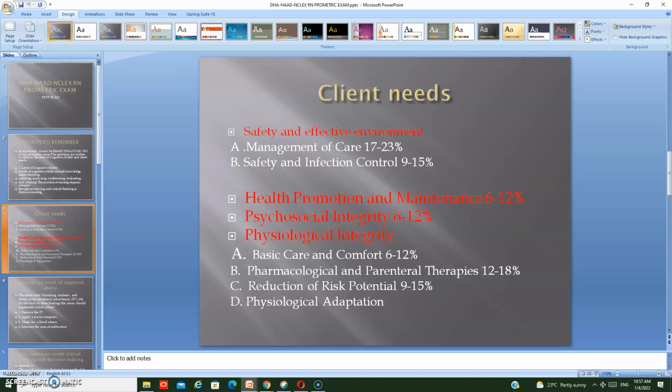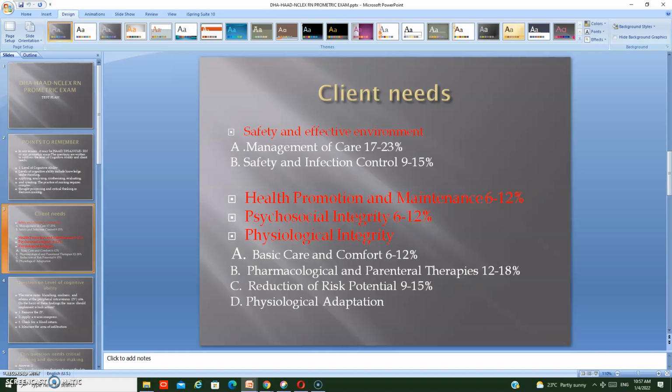The next criterion is health promotion and maintenance, which is 6 to 12 percent of the questions. The third one is psychosocial integrity, 6 to 12 percent. And the fourth one is physiological integrity.